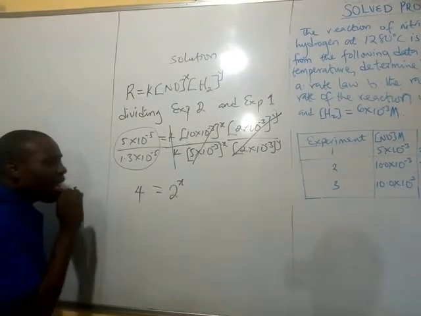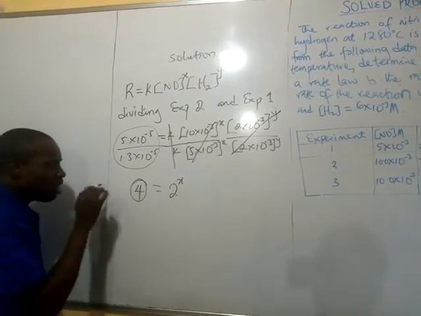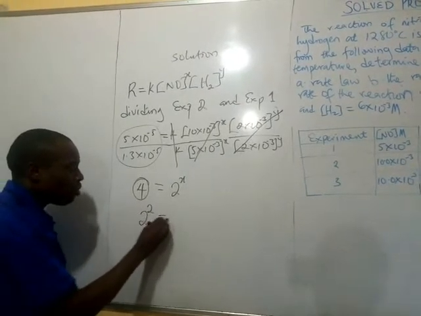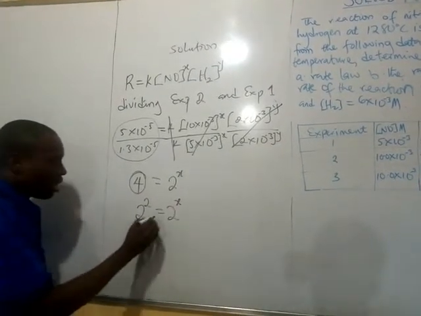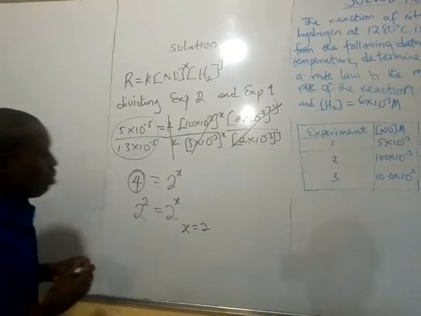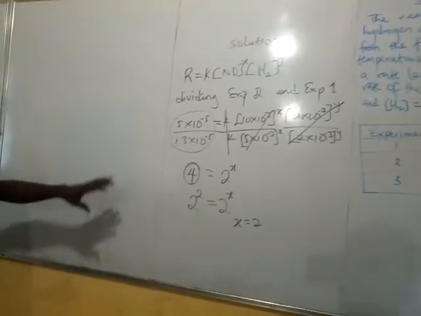Now when you take the indices of this one, the power becomes 2 raised to the power 2 to give us 2 raised to the power x, so x is equal to 2.